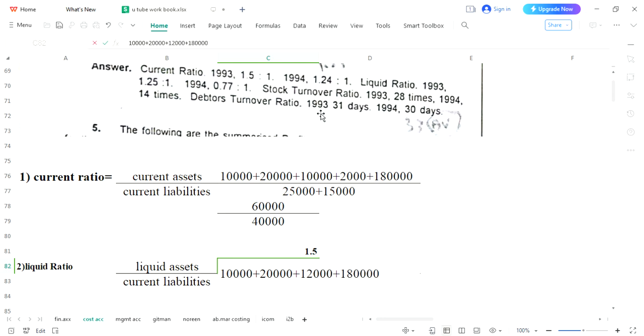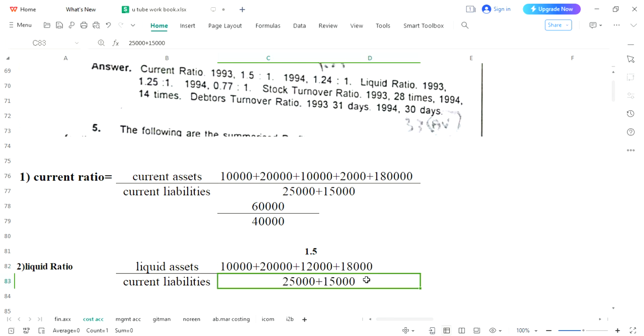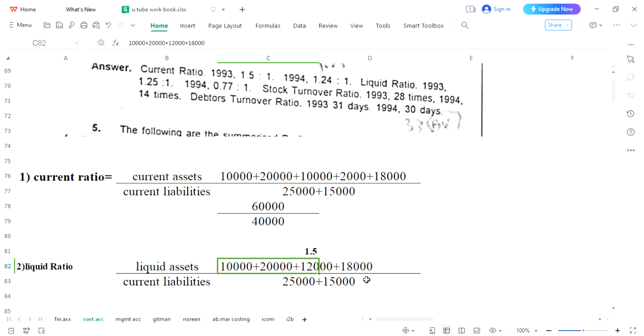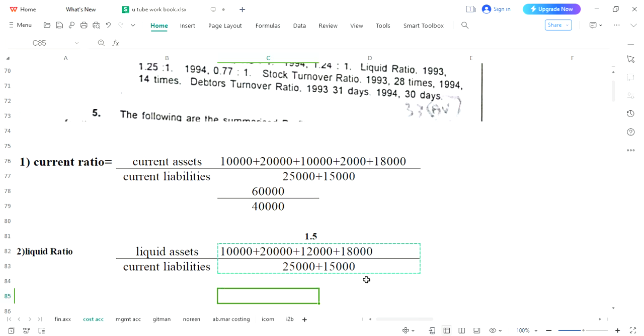And now we have our liquid assets, and current assets were here. Current liabilities would remain as usual. We are just copying and writing over here.